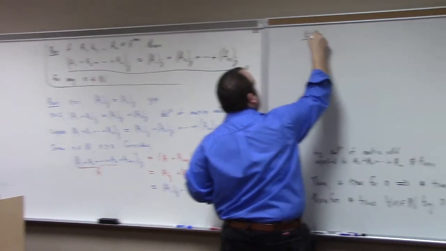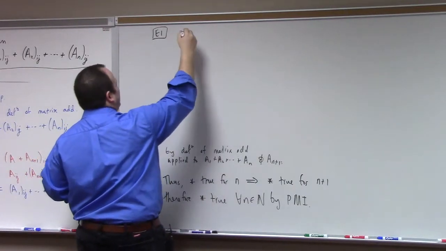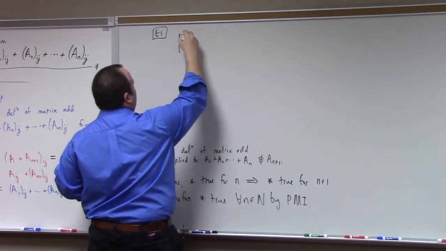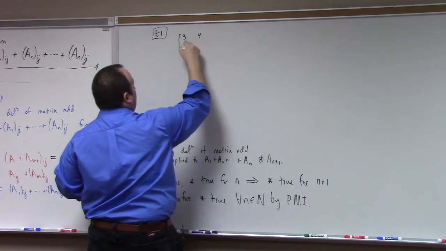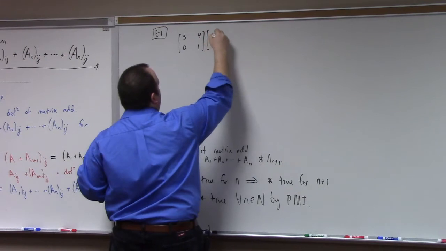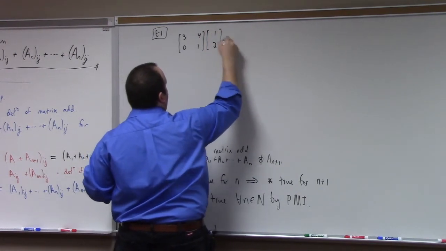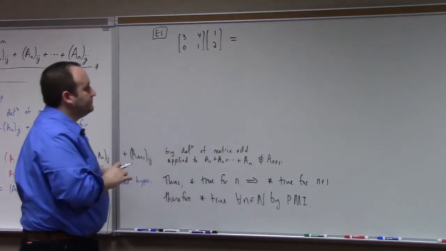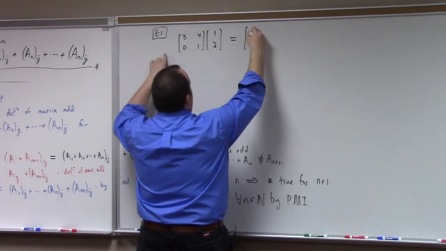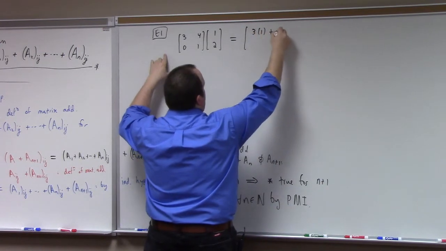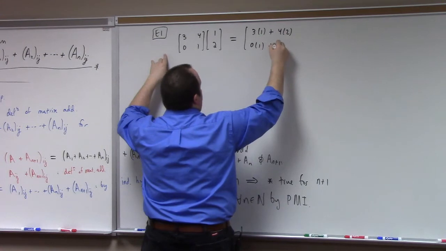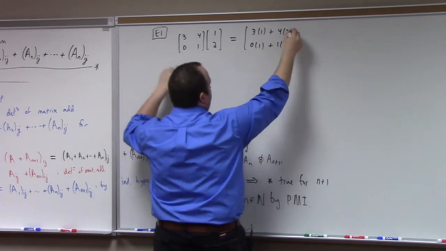So example 1, let's try something like, we'll start out with the friendly case, 3, 4, 0, 1, and I'll start out with 1, 2. All right, so to multiply these two, we get 3 times 1 plus 4 times 2, 0 times 1 plus 1 times 2, right?